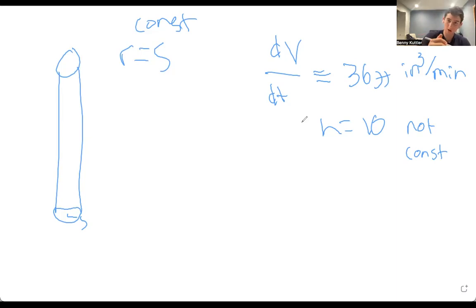So we know that the volume of a cylinder is found by V equals pi r squared, the area for a circle, and then times the height. So what we do here to find the rate of change of the height is we have to take the derivative of this, because whenever we're thinking of rates of change, we have to think of derivatives.